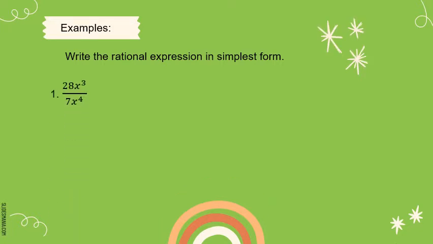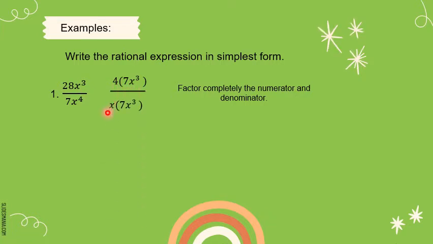Example number 1: 28x cubed over 7x raised to the 4th power. As the first step, we have to factor completely the numerator and denominator. Our factorization of 28x cubed is 4 times the quantity 7x cubed. And for the denominator, we have x times the quantity 7x cubed.